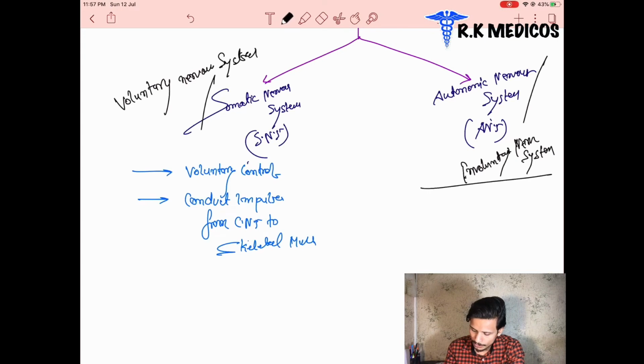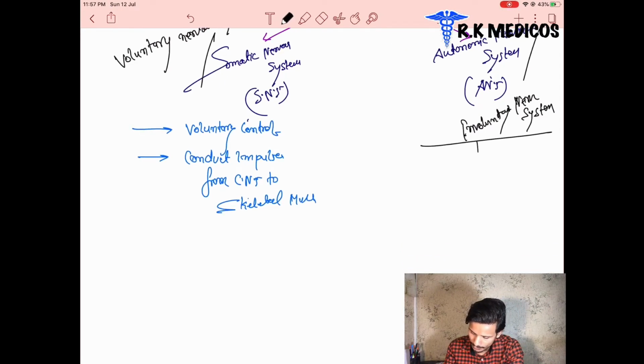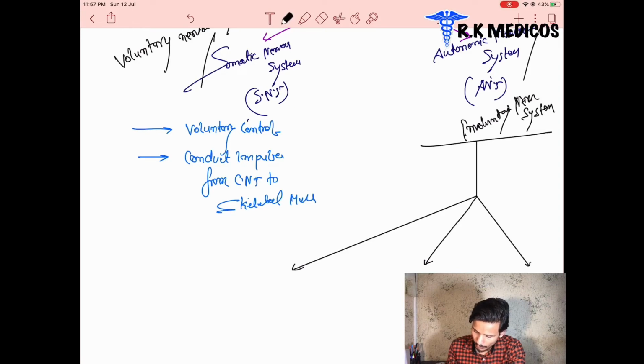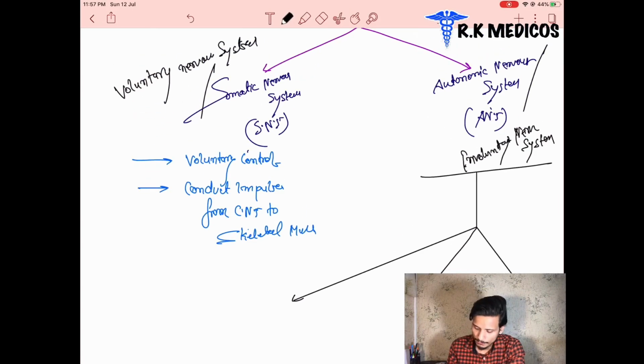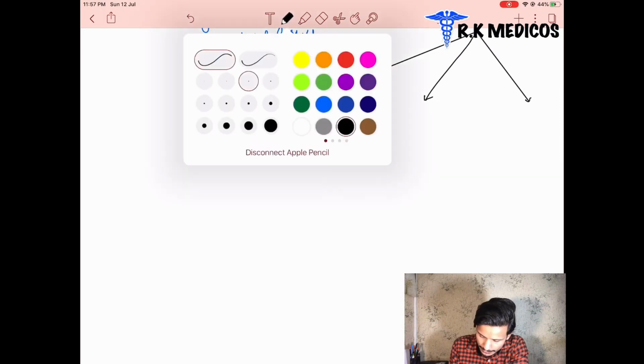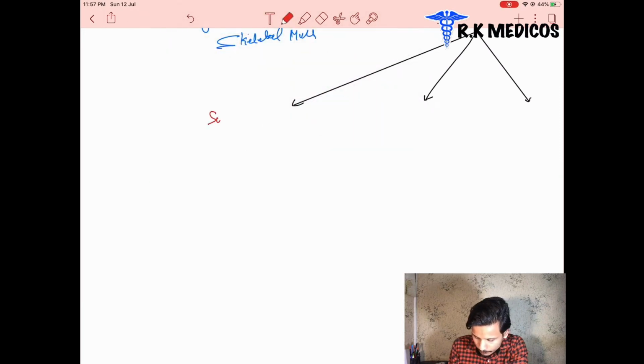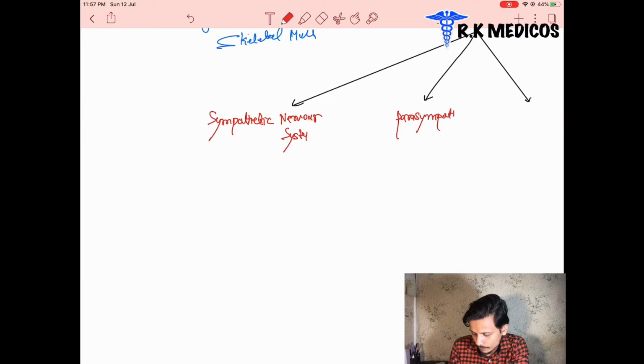Further, this autonomic nervous system is classified into three parts: the first one is the sympathetic nervous system, the parasympathetic nervous system, and the enteric nervous system.